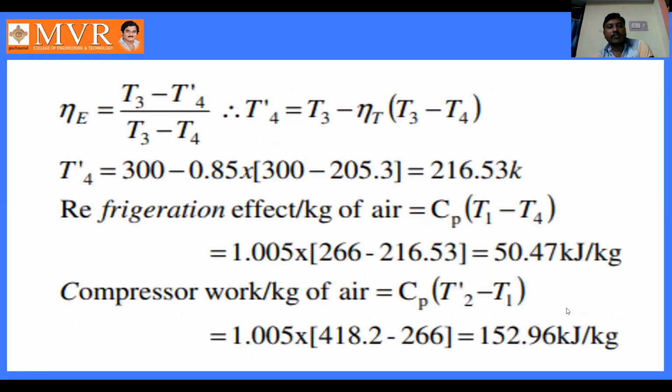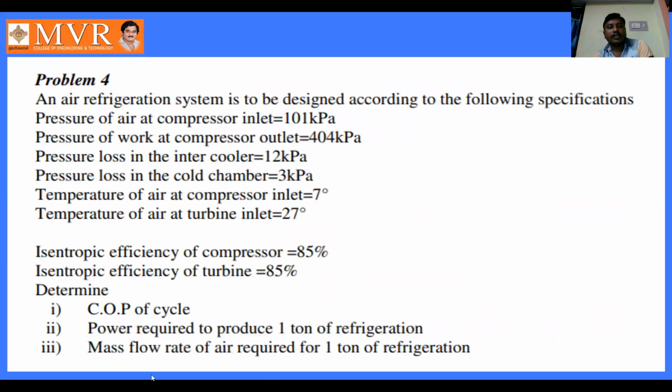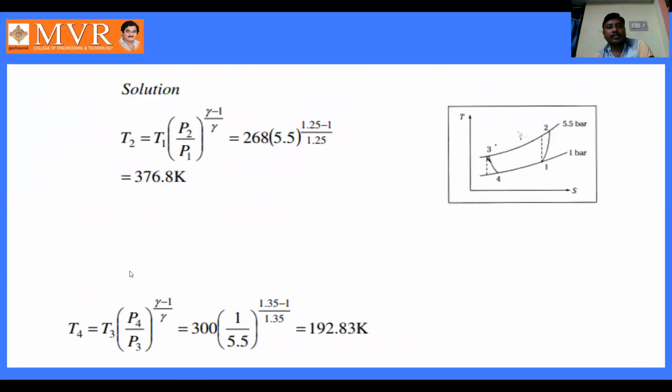This is what we have calculated here: the coefficient of performance of the cycle, the power required to produce 1 ton of refrigeration, and the mass flow rate of air required for 1 ton of refrigeration. This is how we calculate the coefficient of performance of the cycle.